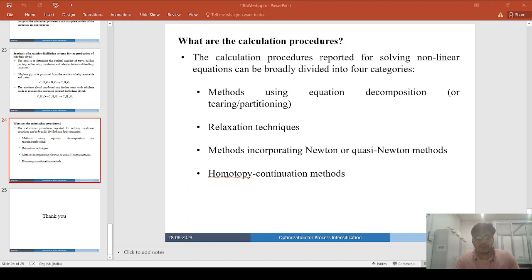And homotopy and continuation methods have the advantage of forcing the desired solution by tracking a homotopy curve regardless of the choice of the initial estimate. Out of all of these four, the relaxation technique is relatively more suitably used, but the Newton or quasi-Newton methods converge quite quickly, so they are also quite frequently used.